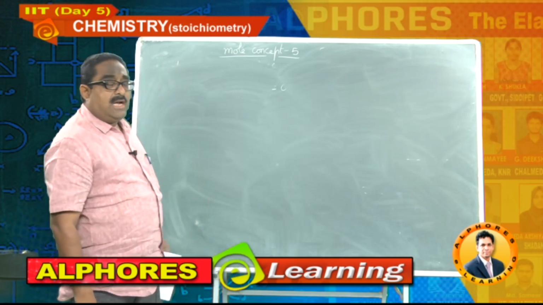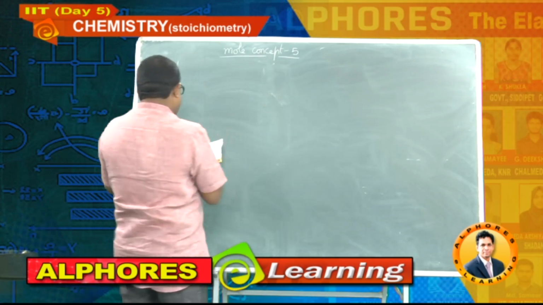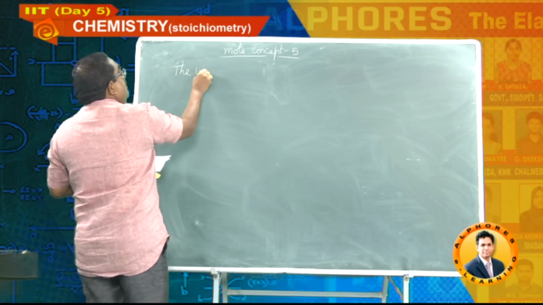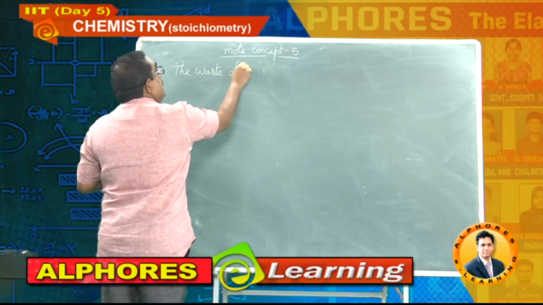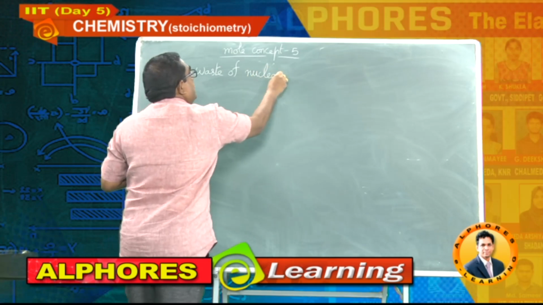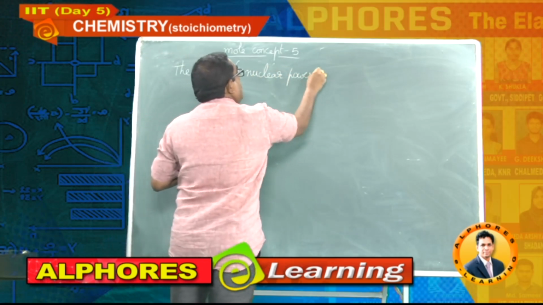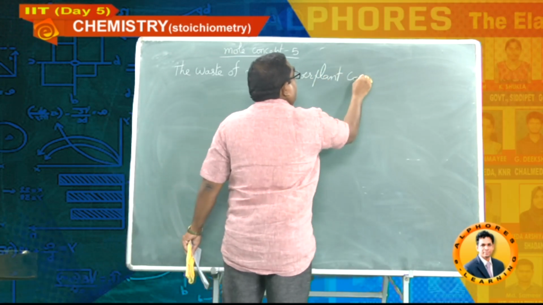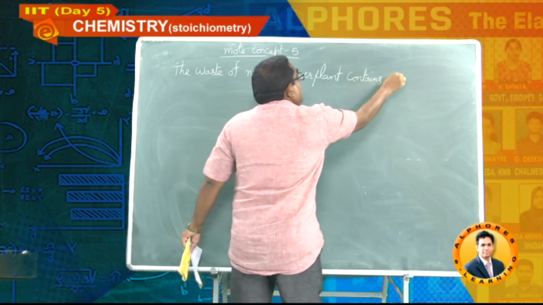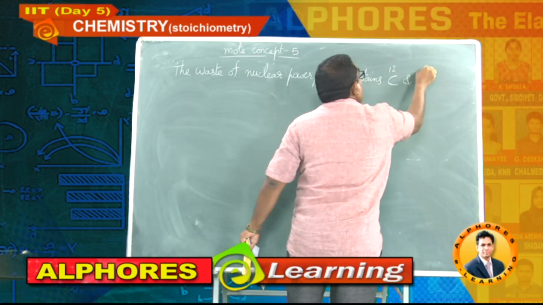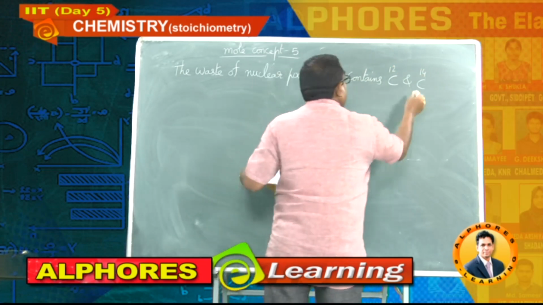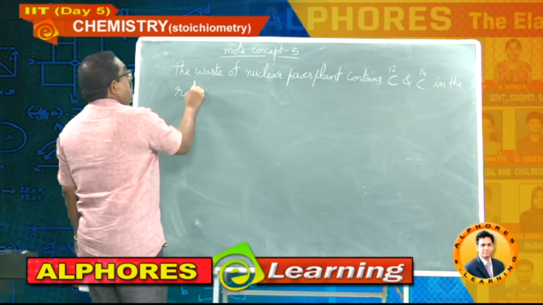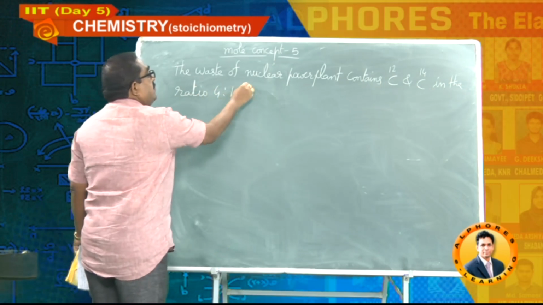Okay, students, let me go for the next question. Write down the question. The waste of a nuclear power plant contains C12 and C14 isotopes in the ratio 4:1 by moles.